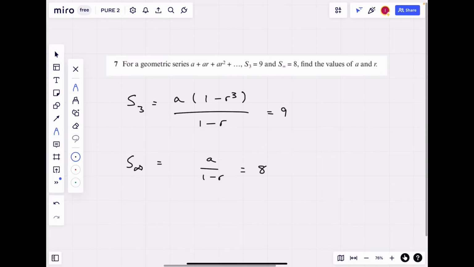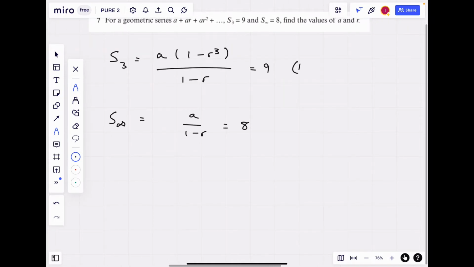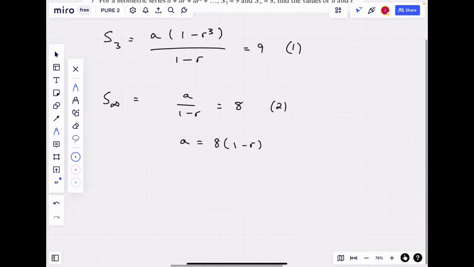Now what you have essentially is a simultaneous equation. So, can you try and solve that simultaneous for me, please? So if we make this equation 1, we make that equation 2. And let's try and get a substitute. Let's make this a equals 8 bracket 1 minus r, and let's sub that into equation 1.